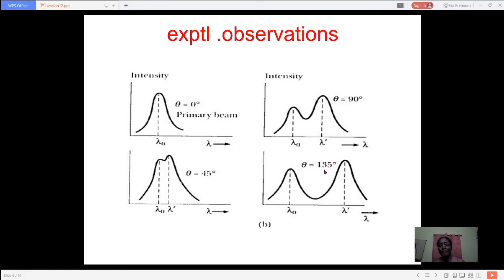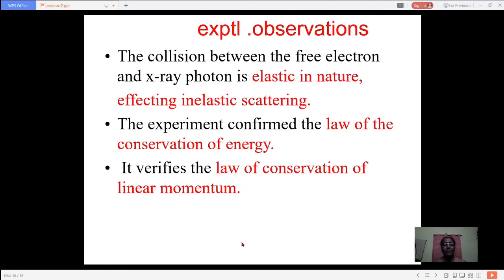Then at an angle of 135 degrees, see, the Compton shift has increased. So, as the angle increases, the Compton shift increases. So, these are all the experimental observations. So, what really is happening in this phenomenon?